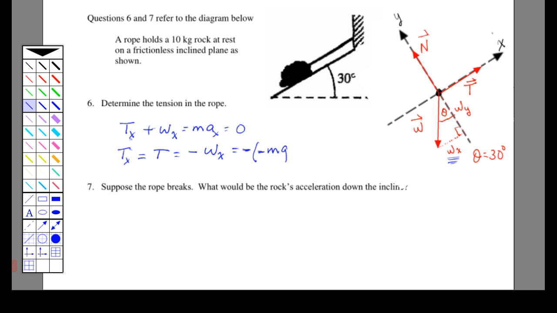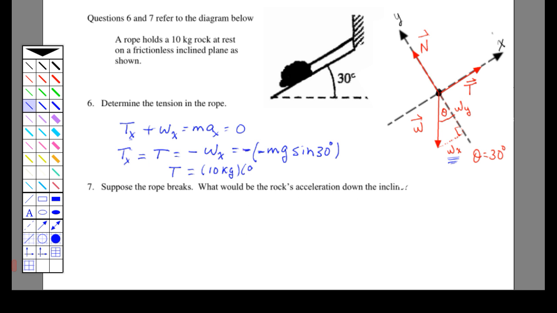and it's related to the magnitude of the weight, which is the mass times the acceleration due to gravity. And because we're only interested in the x component, we have to multiply by sine of our angle theta, which is 30 degrees. So, solving for T, we just plug in some of the values. Note that the two negative signs cancel. The mass of the rock is 10 kilograms.